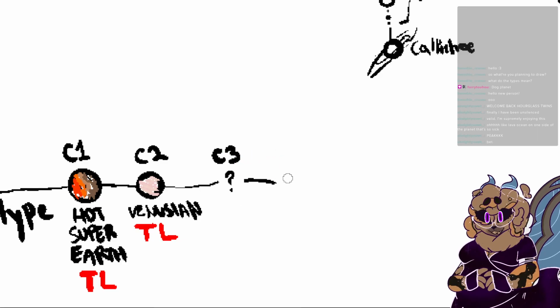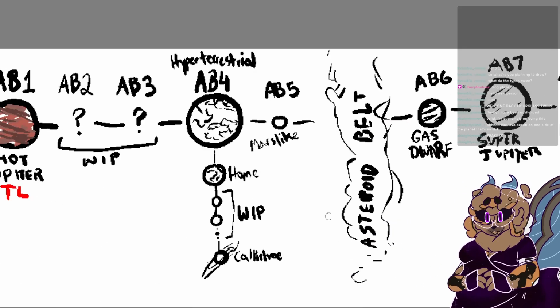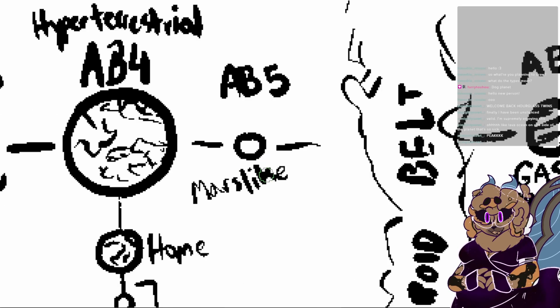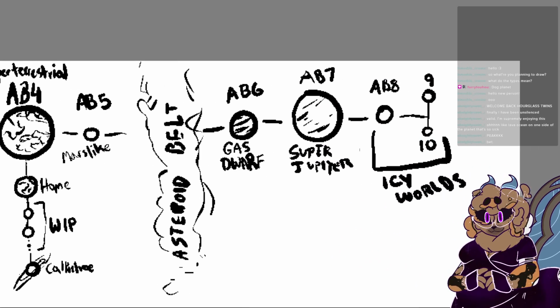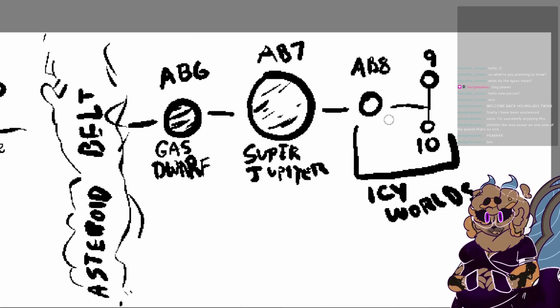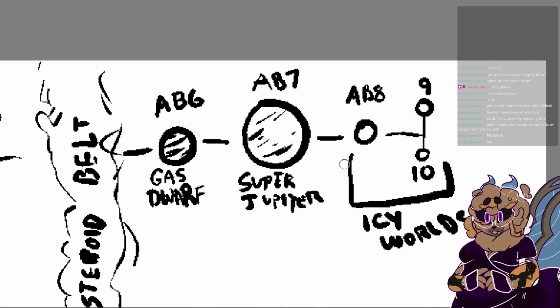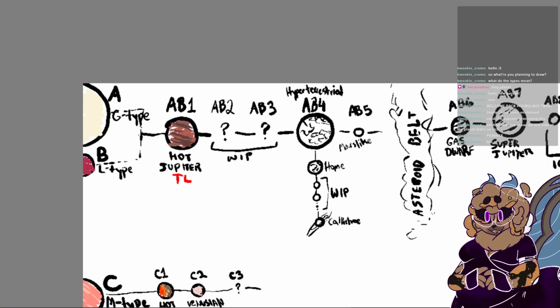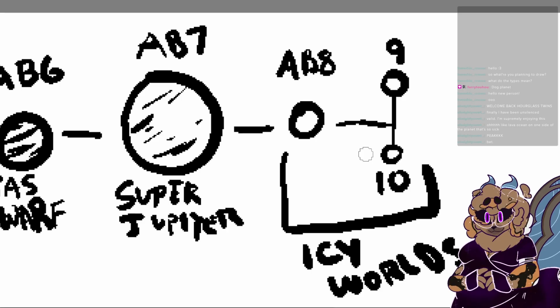But C4, I think I want C4 to have, oh wait, hold on. I know what to do with AB8 here. AB8 is going to be the one that was recently impacted.